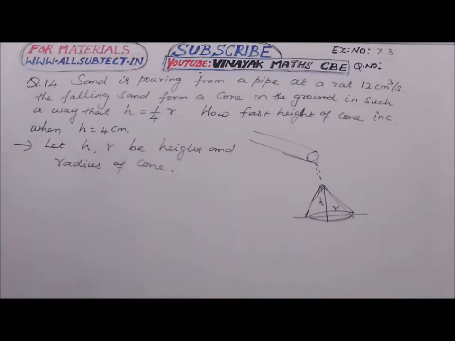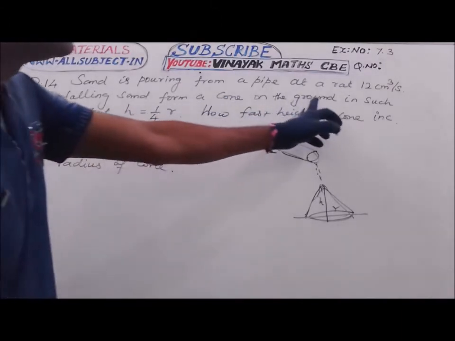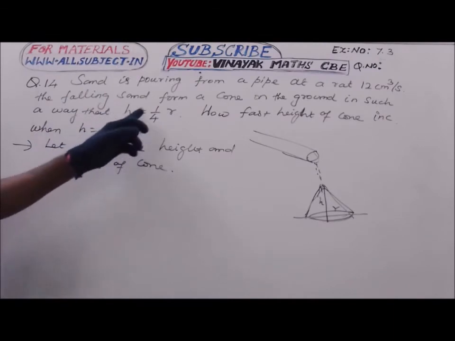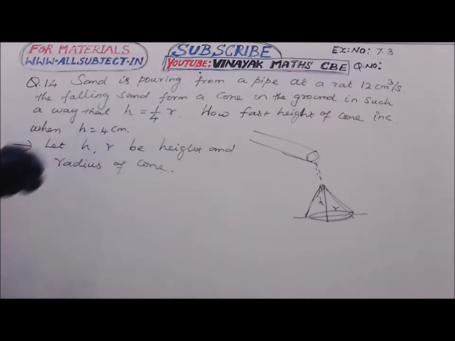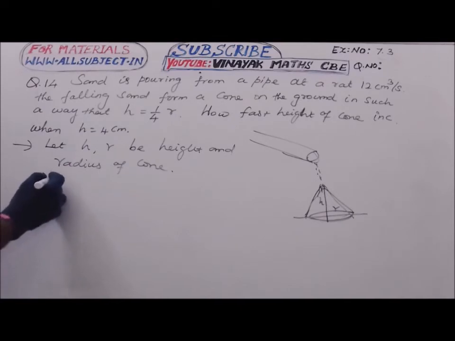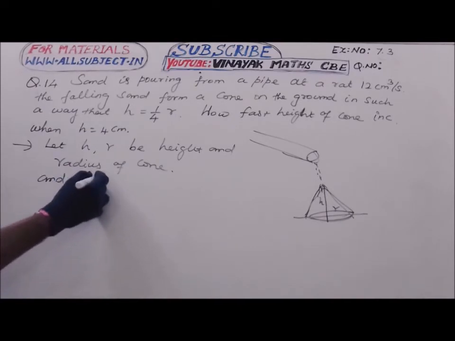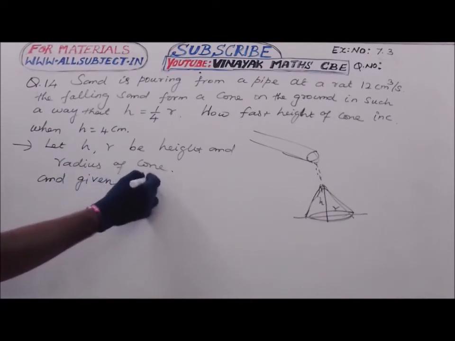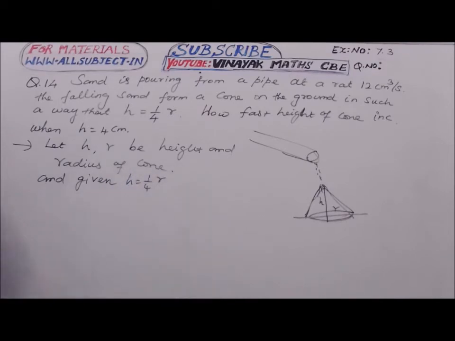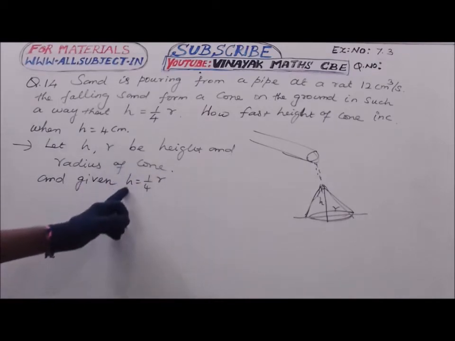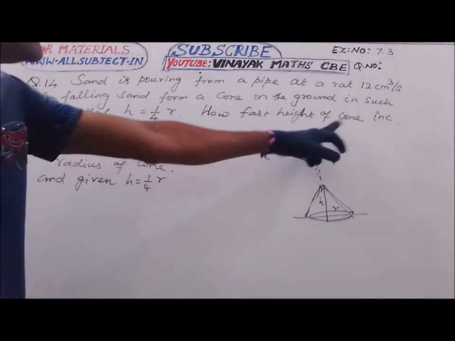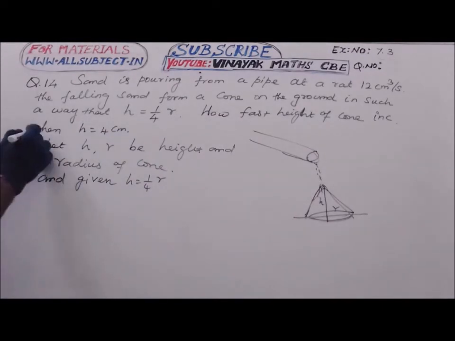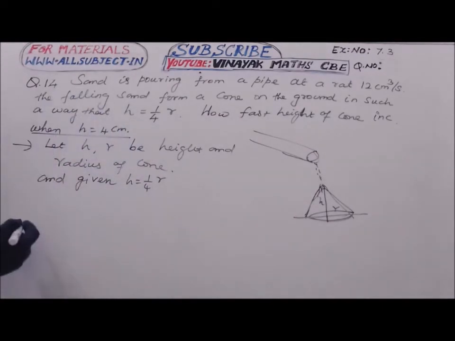Now, in such a way that the height is equal to 1/4 of the radius, given h is equal to 1/4 r, 1/4 of the radius. Now we need to find how fast the height of the cone is increasing when h is equal to 4 centimeter.